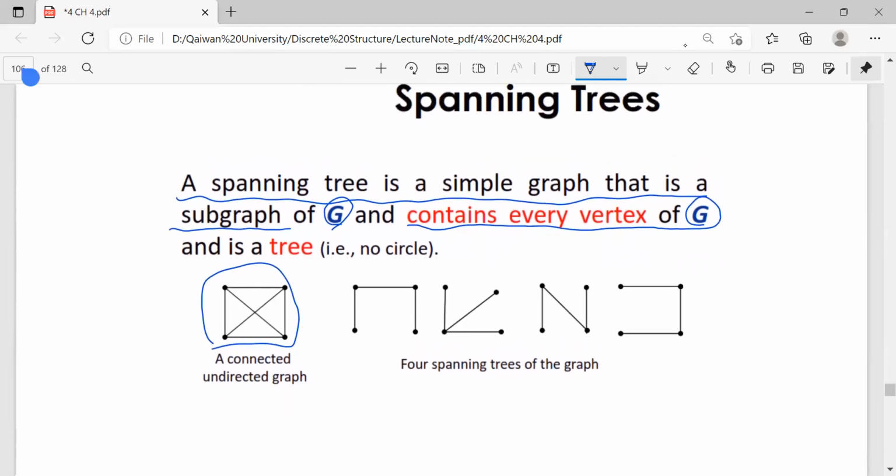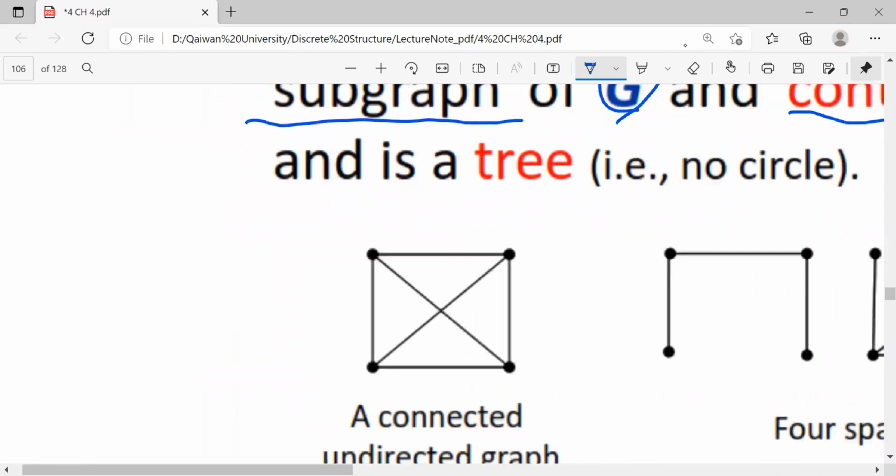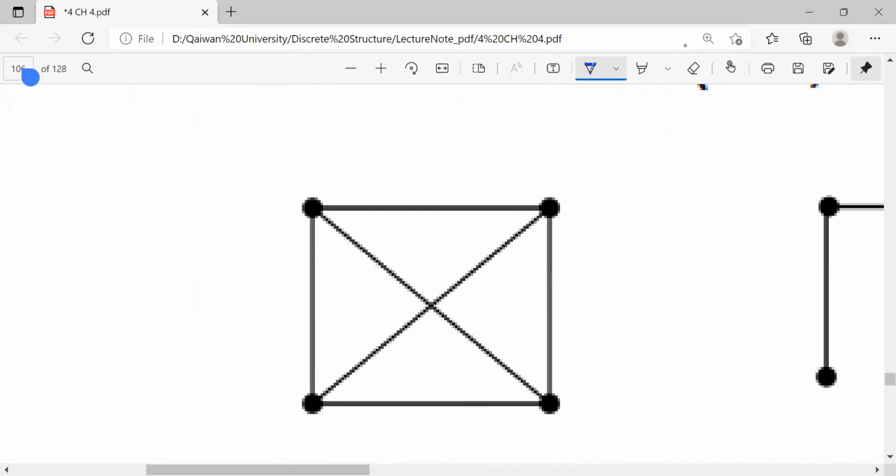So for this graph, we have many spanning trees. It's not unique. For example, we take any tree which contains all the vertices of graph G. This is our graph.